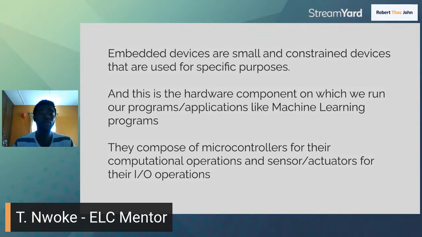So they don't have a lot of memory, they don't have a lot of computational power, they don't have a lot of resources to interact within a wide variety of tasks. So what do I mean by that? An embedded device might be skewed towards doing one particular thing, and that might just be to monitor the readings of your heartbeat.